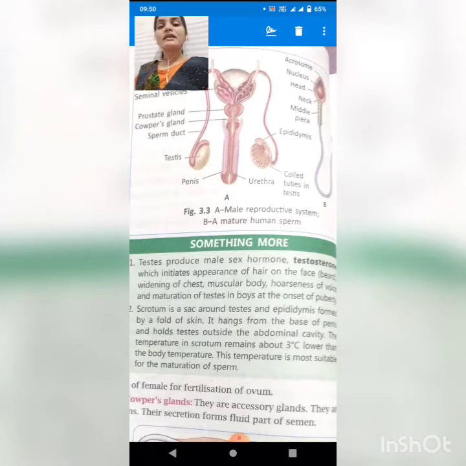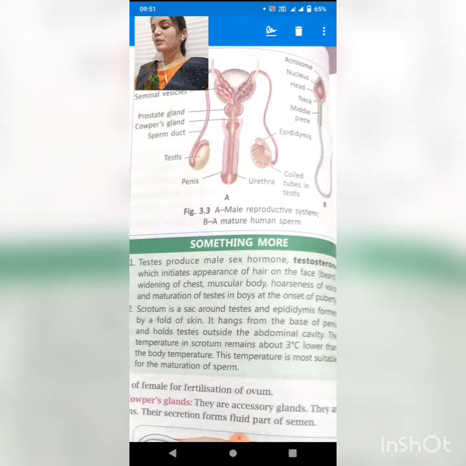Now the next part is the penis. So what is the penis, students? Penis is an organ which is responsible for the copulation process, when the reproduction process between male and female is done. It is a muscular process around the urethra. It is a muscular and erectile organ.